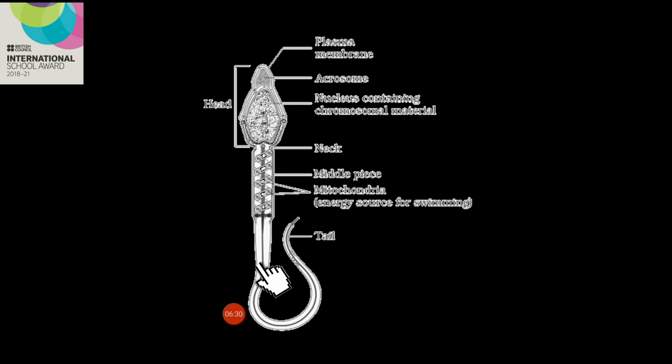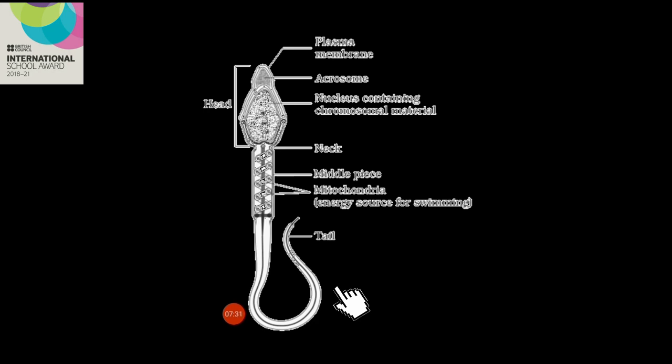A tail region contains a plasma membrane outside and an axial filament inside. That is, tail contains an axial filament, and this axial filament is surrounded by a plasma membrane. The lashing movement of the tail will facilitate the movement of the sperm through the female reproductive tract.